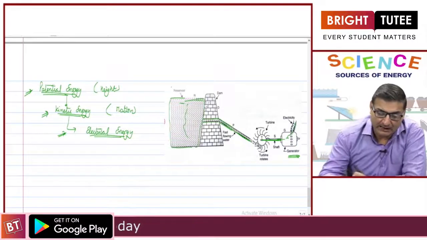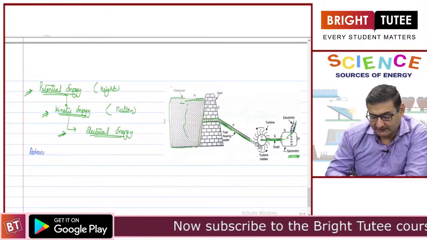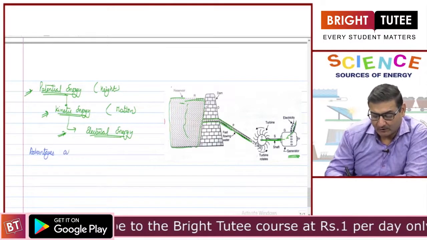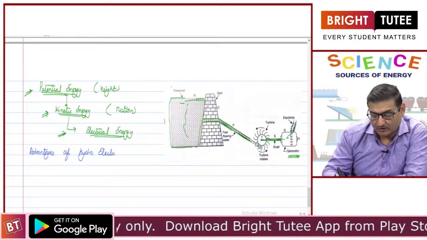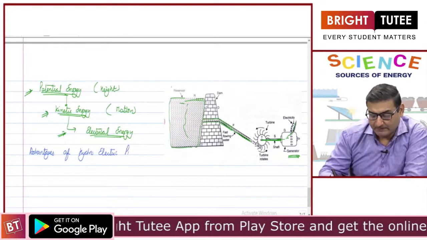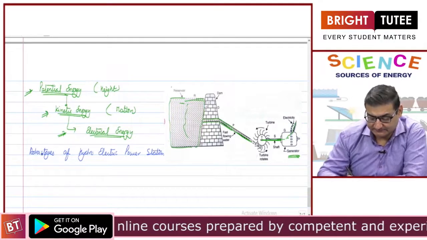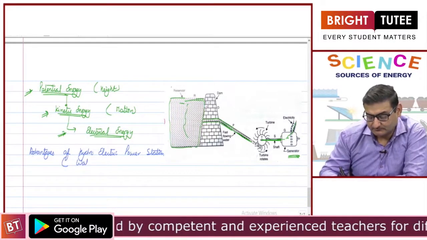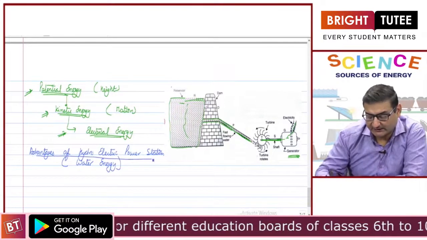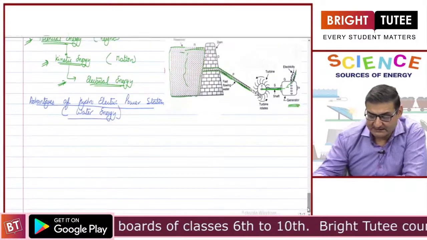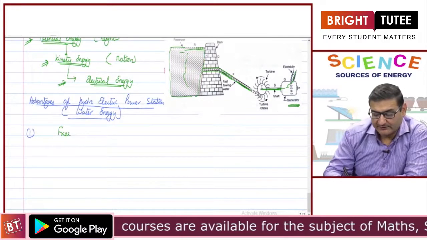Got it? Now, quite importantly, when we talk about the various advantages of hydroelectric power station, or we say the advantages of using water energy. What are the various advantages of using water energy? The advantages are: number 1, it is free of cost.